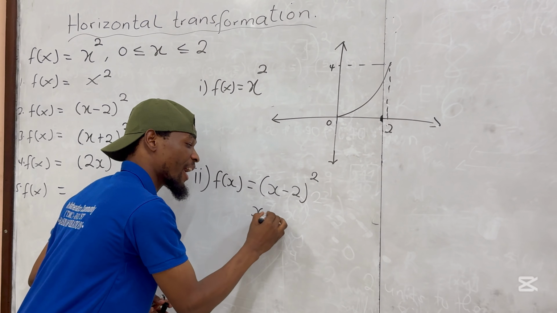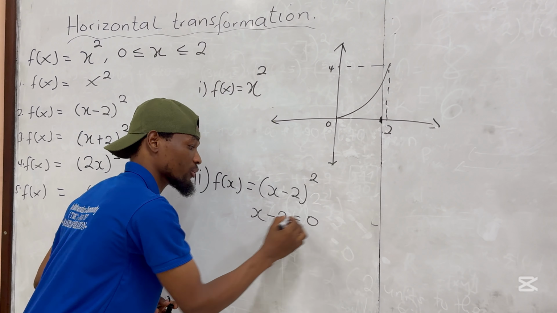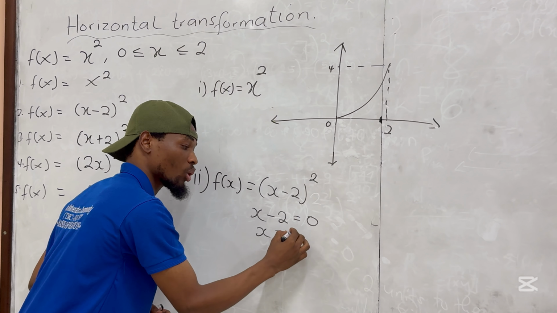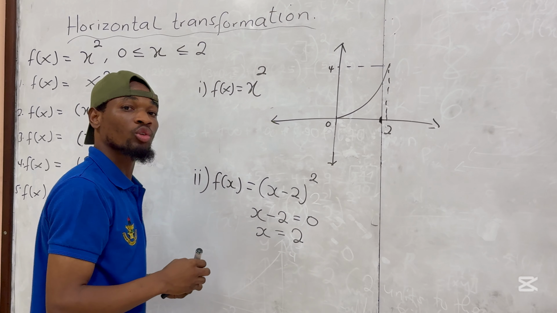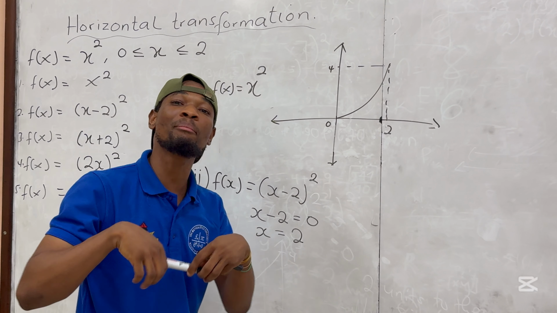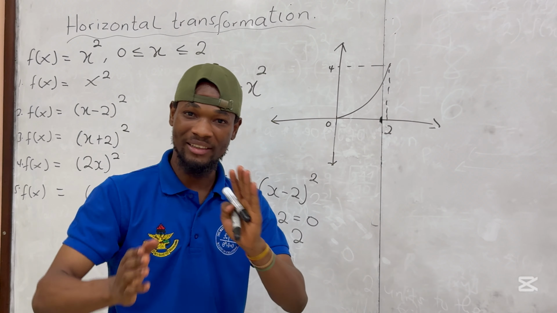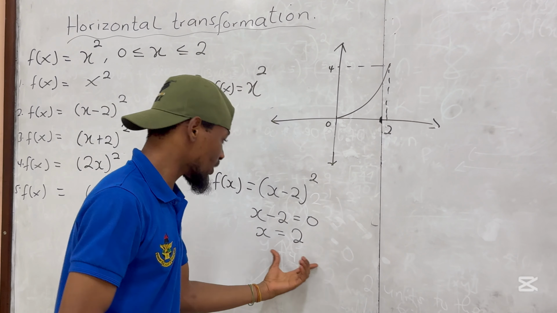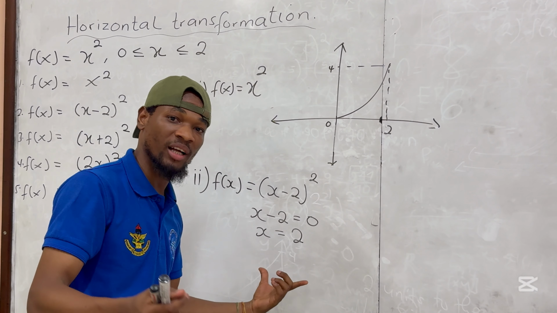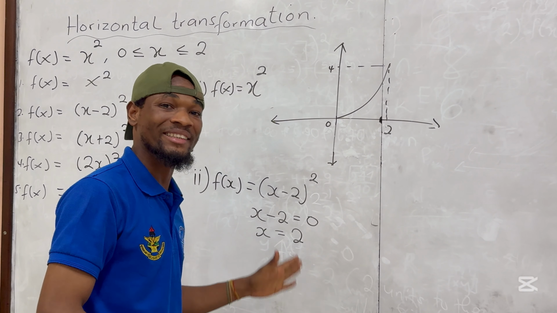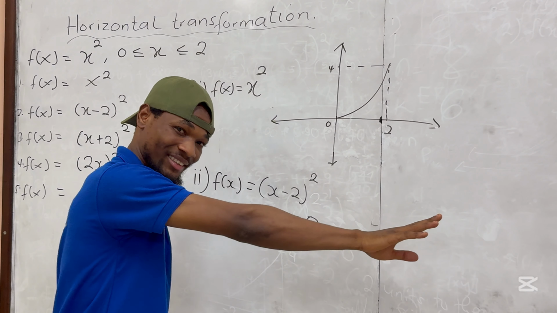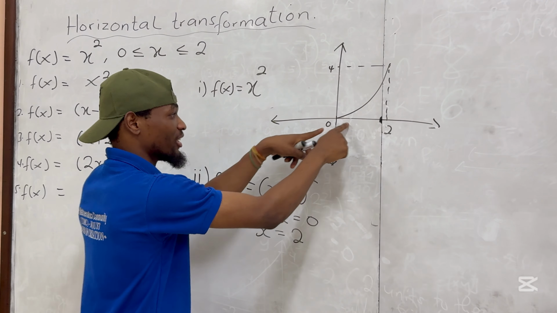If I equate the expression to 0, I'll have x equal to positive 2. So when you have your x, y plane, positive 2 tells you that you need to move to the right.